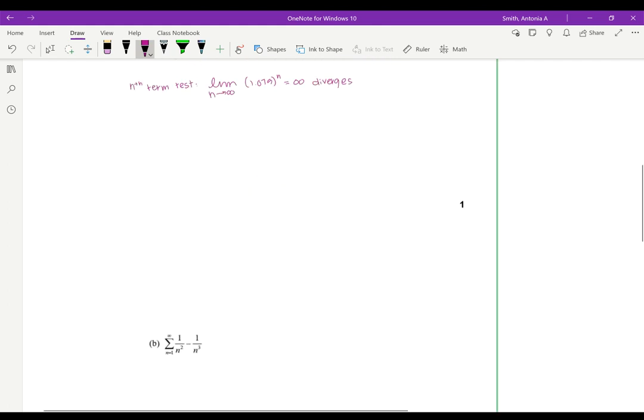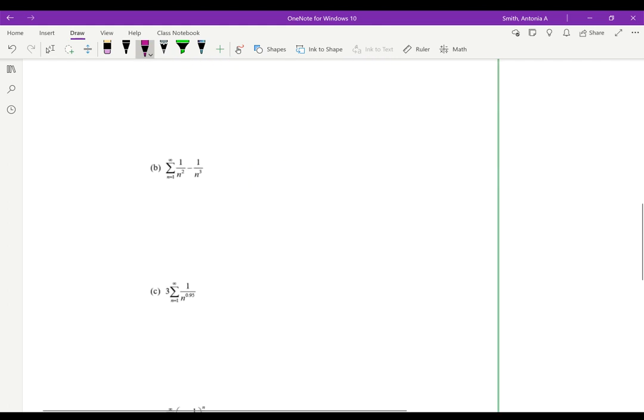Let's look at the next one. B. So we have 1 over n squared minus 1 over n cubed. Let's write this as a common denominator first. Okay. So if we got a common denominator, we would multiply this one really just by n.